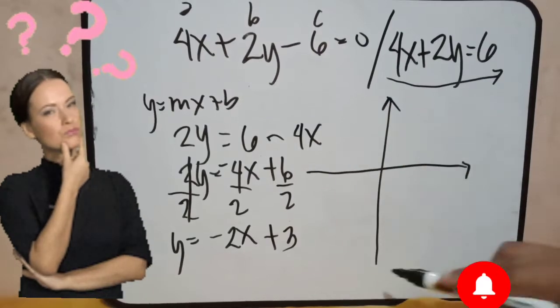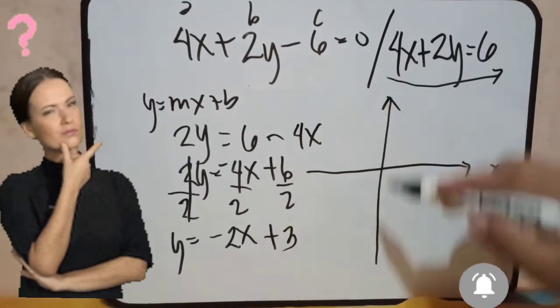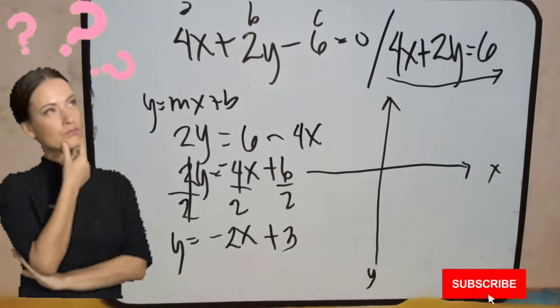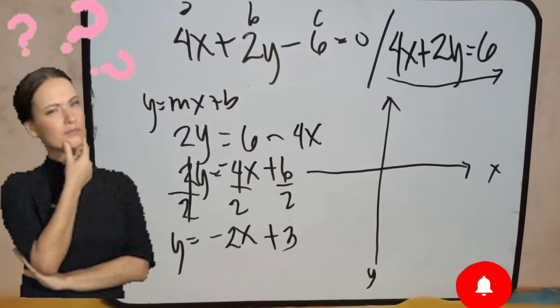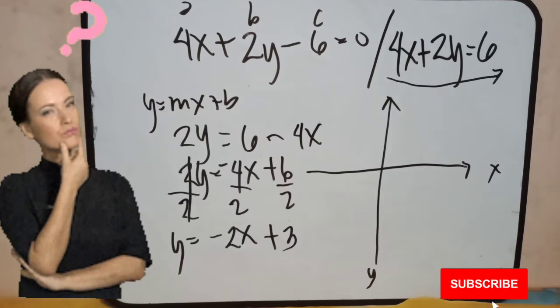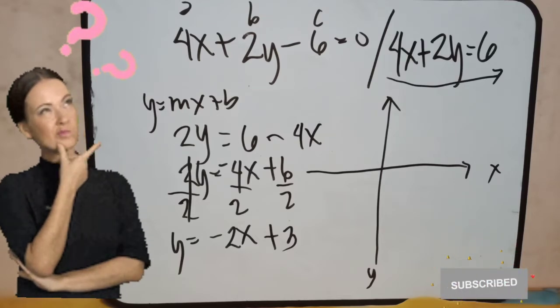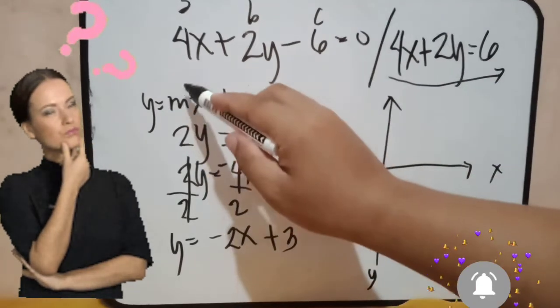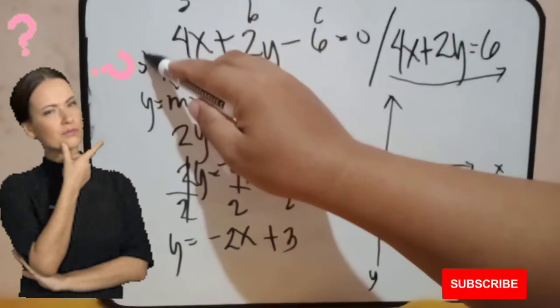When we graph this in the Cartesian plane, where this is x and this is y, we identify b and, of course, the slope, since m stands for slope.